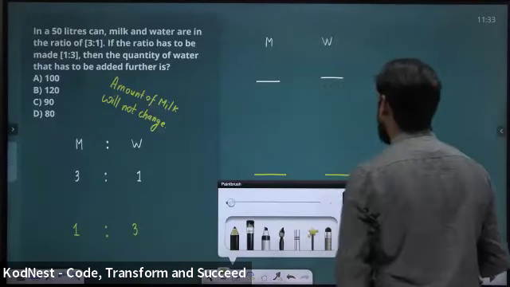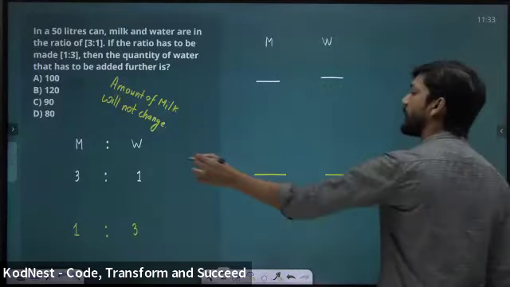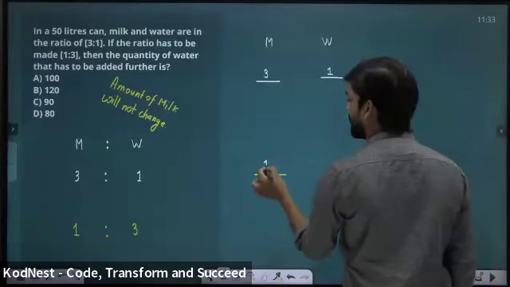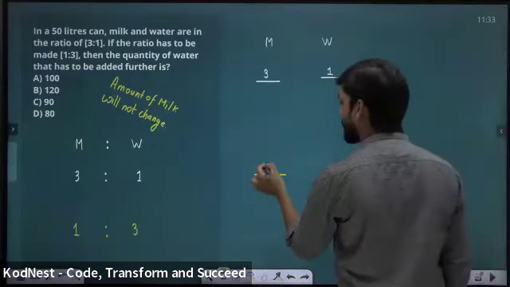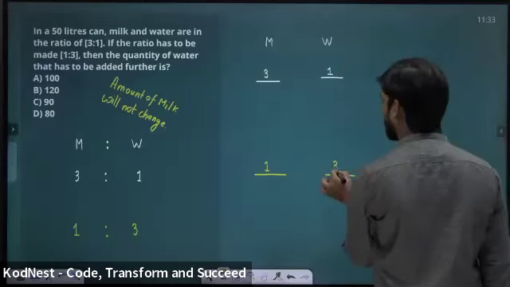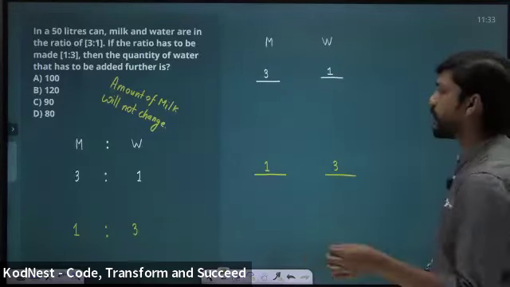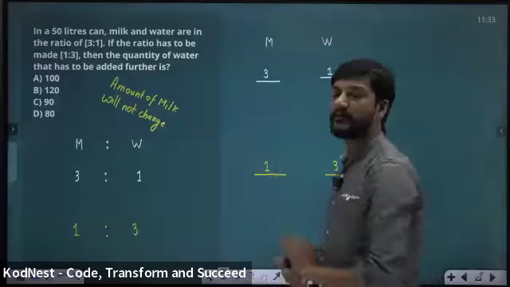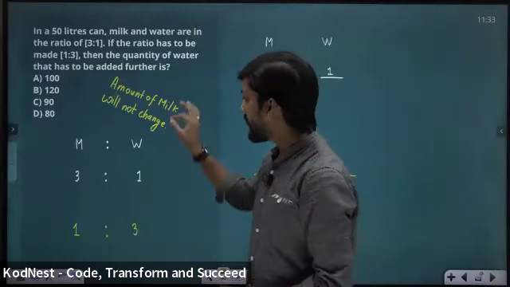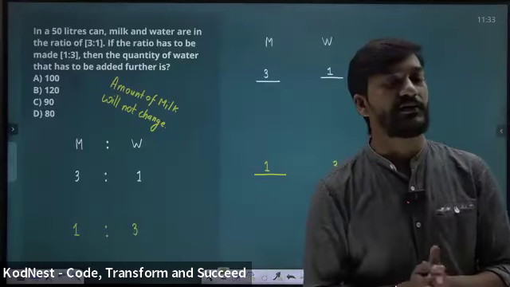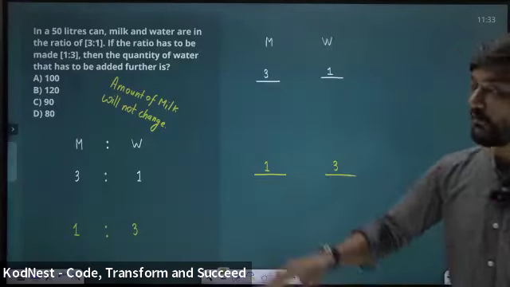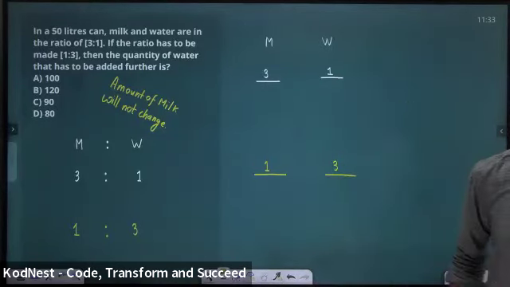Now, my dear, just like in all questions, I'm taking the values from the ratio, 3 and 1, and from the second ratio, 1 and 3. Before I see what is given in the question, I will see if this condition is followed. Is the amount of milk changing or the same with the values I have taken?